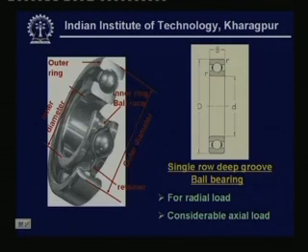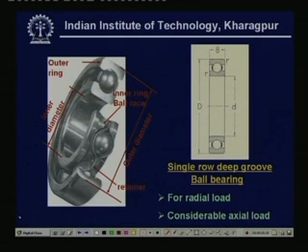So, let us see a typical figure of a bearing. This is called a single row deep groove ball bearing. This is the bearing. Although everything has not been specified here, this is the outer ring, this is the outside diameter, and this is the inside diameter, and these are the balls.